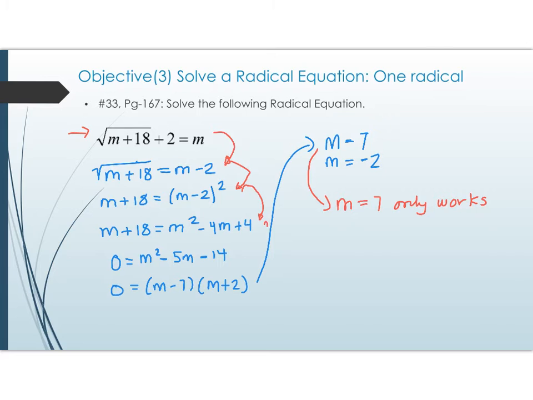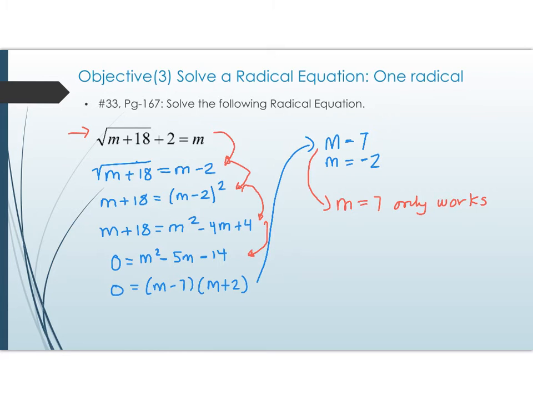And we're going to use the zero principle again. We're going to move the terms on the left-hand side over to the right-hand side. That means we subtract m from both sides, and we get minus 5m. And we subtract 18 from both sides, and we get minus 14.